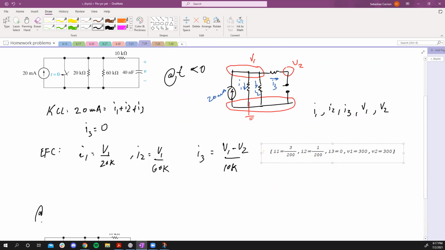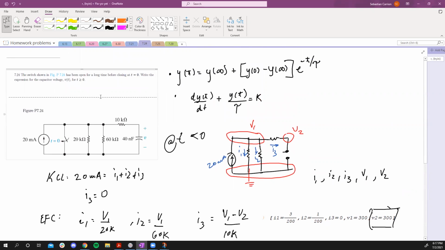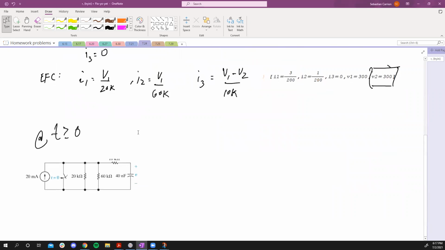So now we're going to do time greater than or equal to 0. We want to focus on V2, which is the voltage across the capacitor, right? That's what the question is asking: find the expression for the voltage across the capacitor. So when this switch closes, our circuit automatically turns into this.